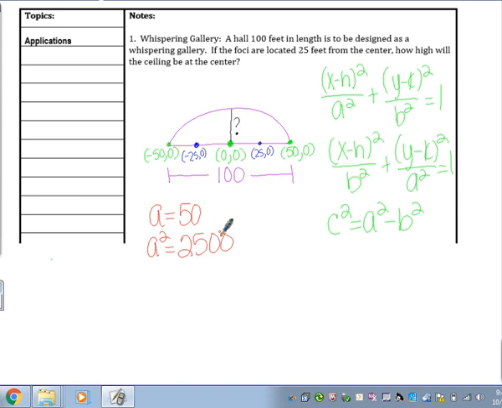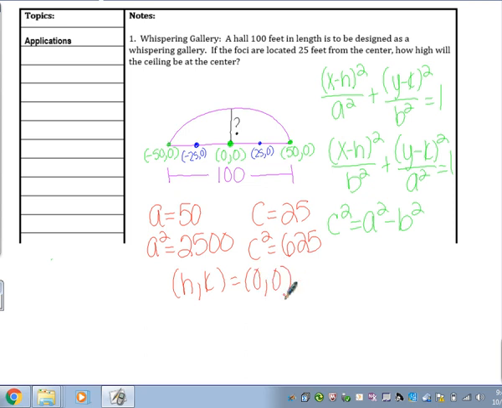C? Okay, C is what? 25. And C squared is what? 625. All right, so I've got A and A squared, C and C squared. And I also have H and K because I'm using 0, 0 here.